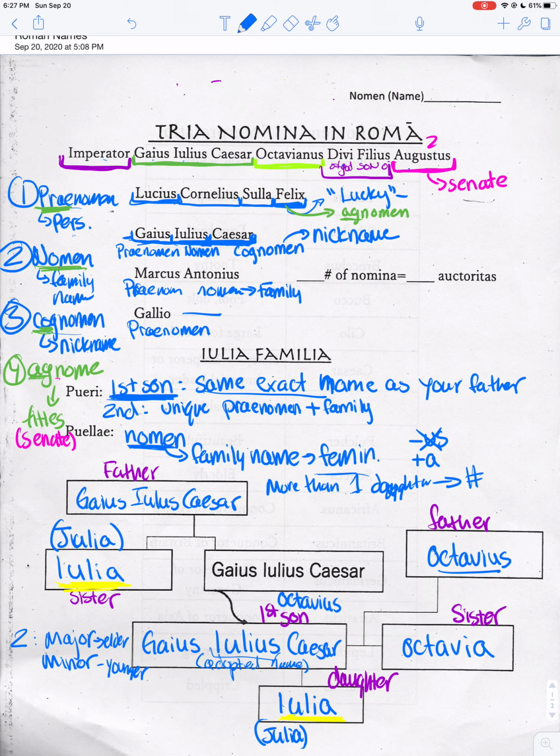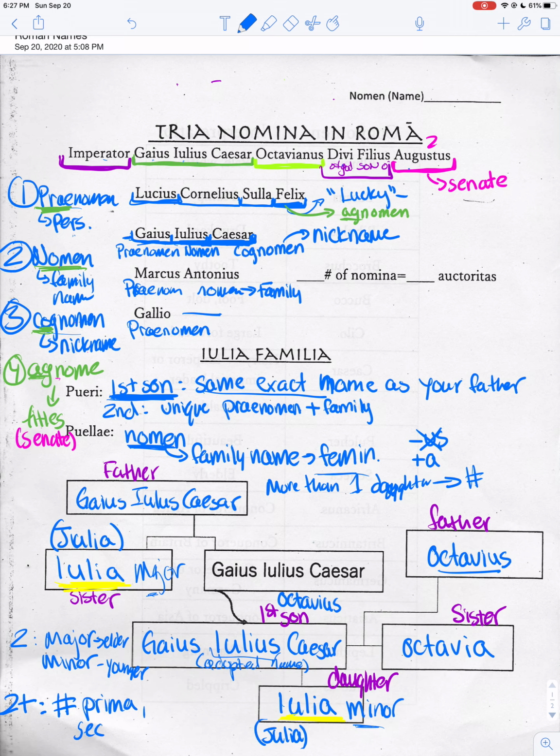So we only have two Julias, so we would have Julia major and Julia minor. She is older, so she's called major. She's younger, so she's called minor. If you have more than two, this is when you get numbers.